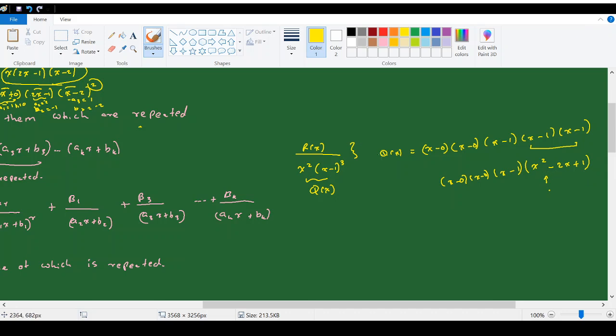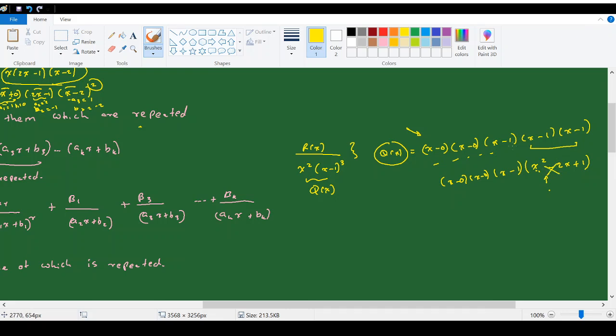Okay, so the most fundamental factorization that Q(x) can take is this one. To have a quadratic expression in the fundamental factorization, it should be irreducible, but in this case it is not.